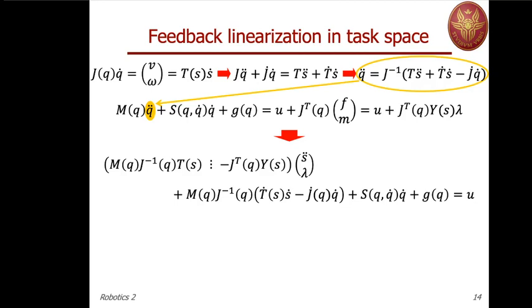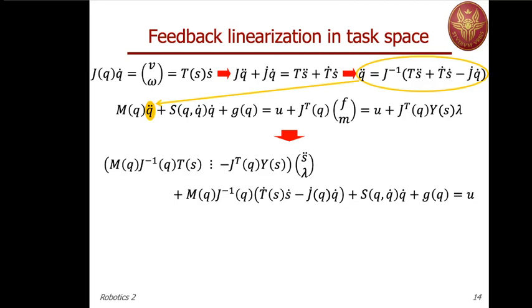So M J to the minus 1 times T dot S dot minus J dot Q dot, and then the standard Coriolis and centrifugal term and gravity term from the model. And what remains on the right-hand side is only the applicable torques, so the input torques U at the motor.